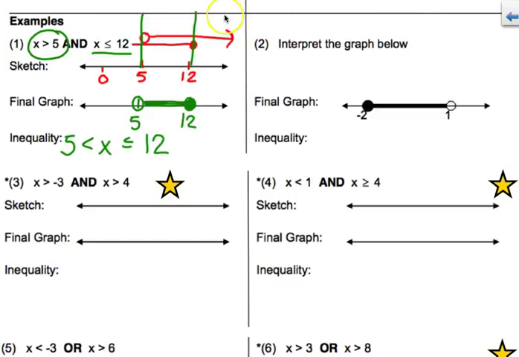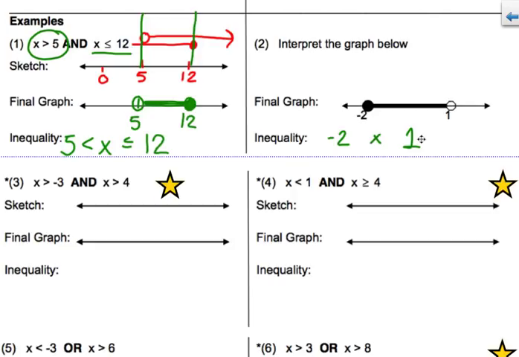So let's look at number 2. I want to interpret the graph. Now I have a graph and it wants me to write the inequality. So I'm doing much like I did on number 1. I need my bigger number to be on the right, which is a 1. I need my smaller number to be on the left, which is a -2. My x is going to be in the middle.